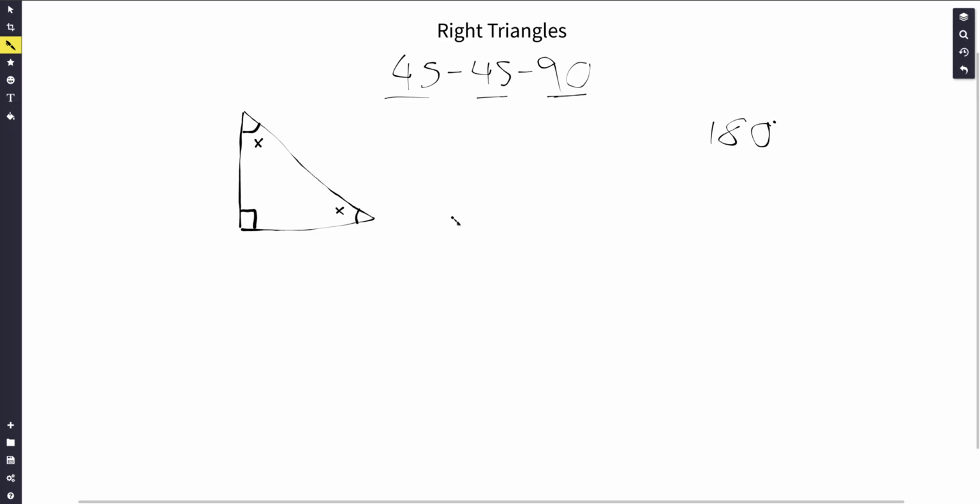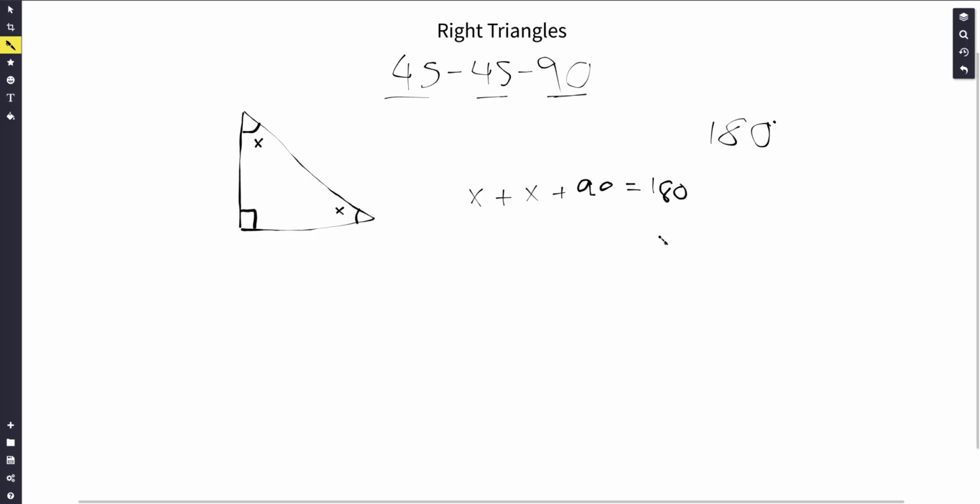Okay, so we can create an equation to solve for these values of x. Even though we know this is 45, 45, and 90, we can create an equation, because if we were told these two sides are equal, we'd either know right away it's 45, 45, 90, or we can just try to solve for it. So what we would do is x plus x plus that 90 degrees that we know, because the two legs cross and that forms a 90-degree angle, and that's equal to 180.